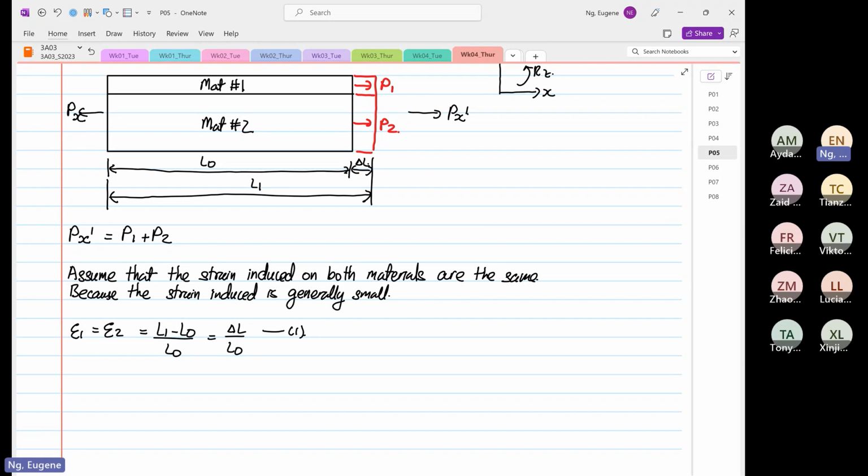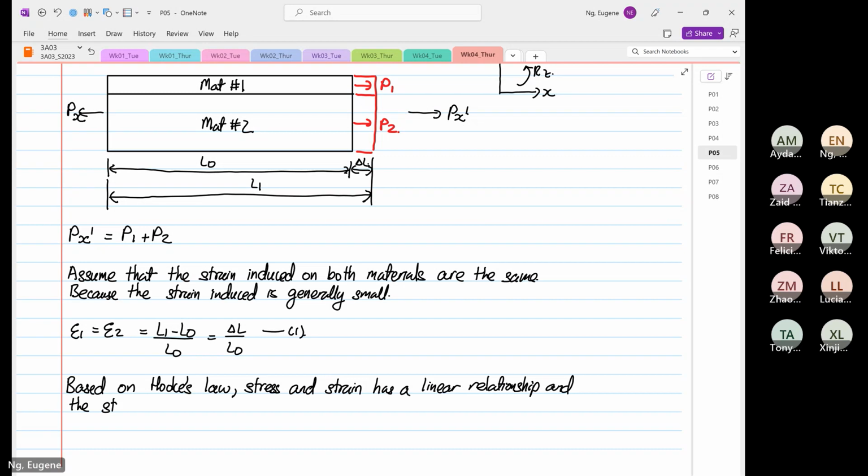So based on Hooke's law, the stress and strain have a linear relationship, and the strain induced is small.